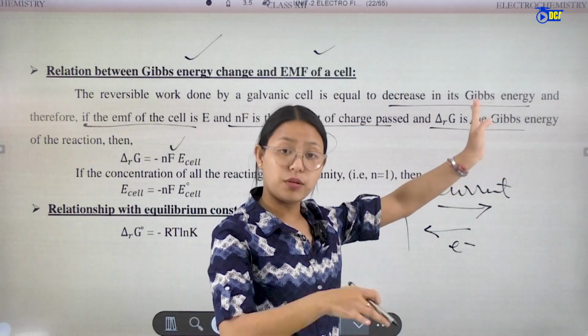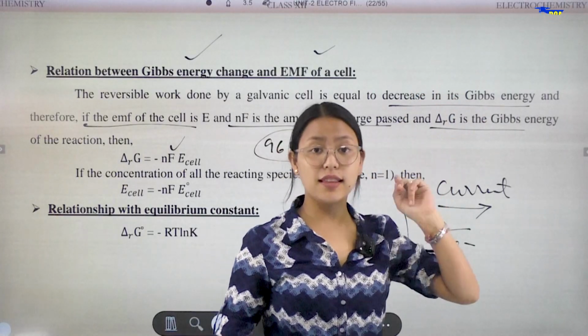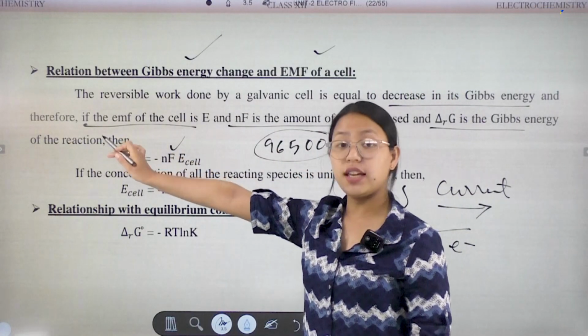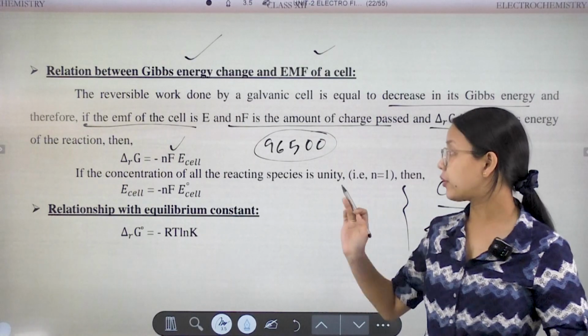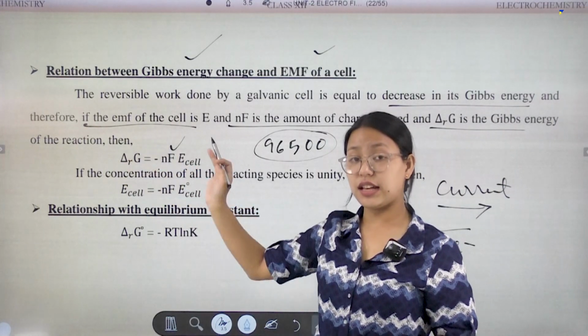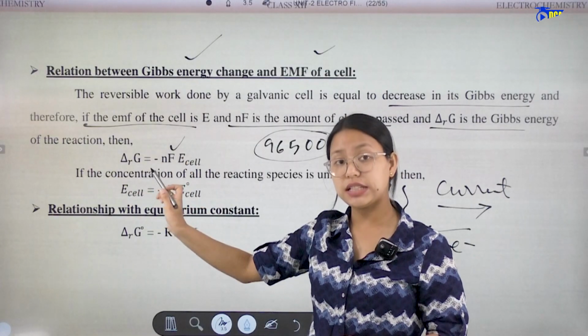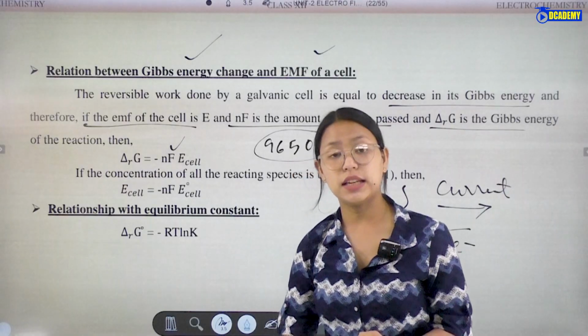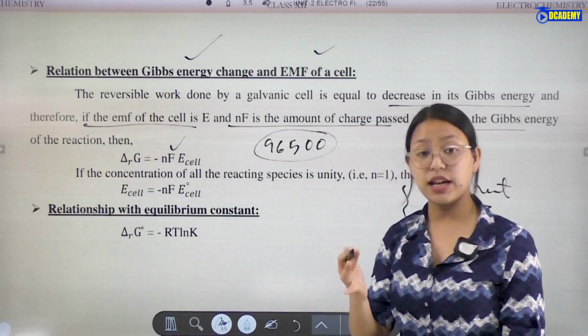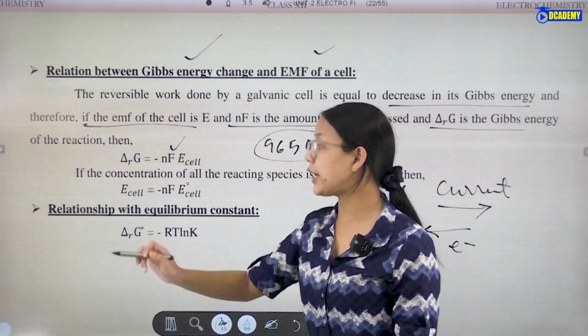Therefore EMF of the cell is E, and NF E is the Gibbs free energy, which is the negative value of NF E cell.